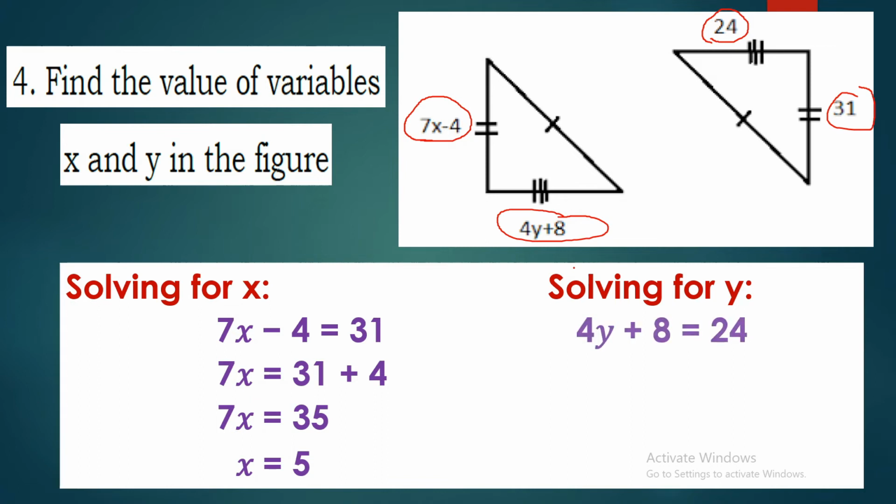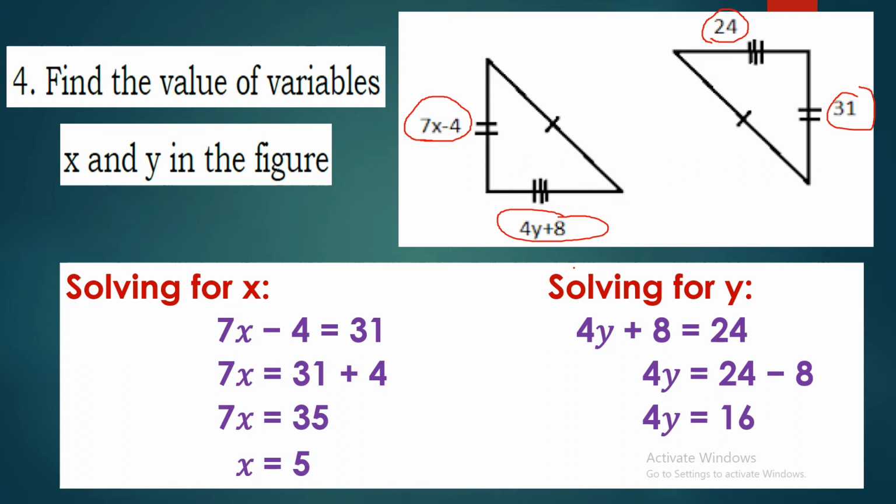So we now have 4y plus 8 is equal to 24. So solving for the value of y, we transpose positive 8 to the right side, and that gives us 4y is equal to 24 minus 8. 24 minus 8, that is 16. So we now have 4y equals 16.